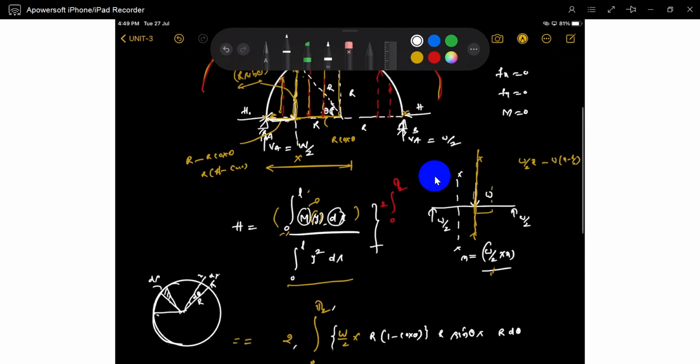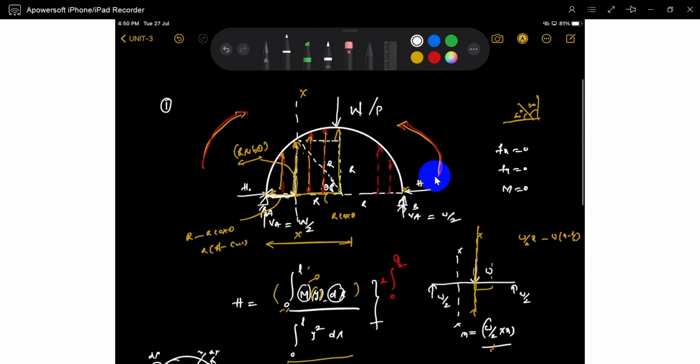But you have to observe what these quantities are. What is M? What is y? What is y square, 0 to L? If you get an idea of what M, y and ds are, you can solve any type of loading. Just mugging it up won't work. M, without the horizontal thrust, is the moment throughout the span. In this moment we get only the x quantity, the horizontal distance.